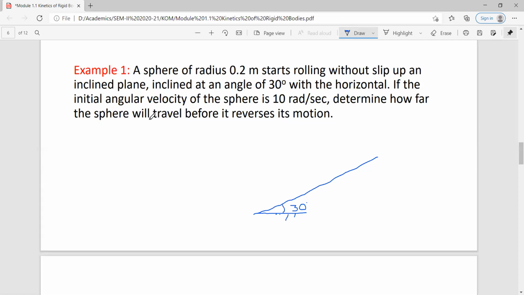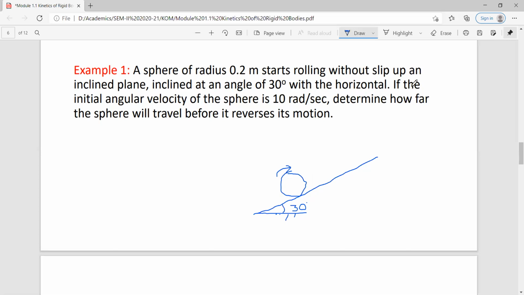Now the sphere is starting rolling over it, means you can assume one sphere here like this, and it is rolling over the inclined surface. What direction of rolling is given? That it is rolling in the up direction, and slipping is not happening. It is just rolling like this.